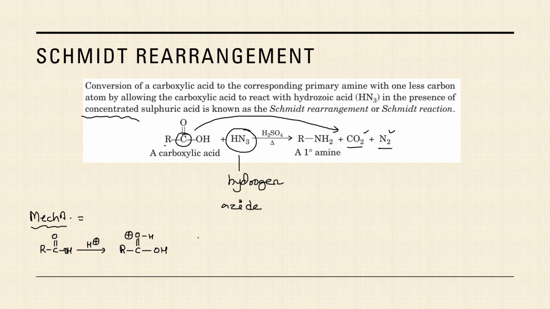Next, what you do is you react it with hydrogen azide. So इसके ऊपर पॉजिटिव चार्ज रहता है और इसके ऊपर नेगेटिव रहता है. तो ये नेगेटिव जिस नाइट्रोजन के ऊपर प्रेजेंट है वो यहां पे अटैक करेगा. Okay, and this will move.